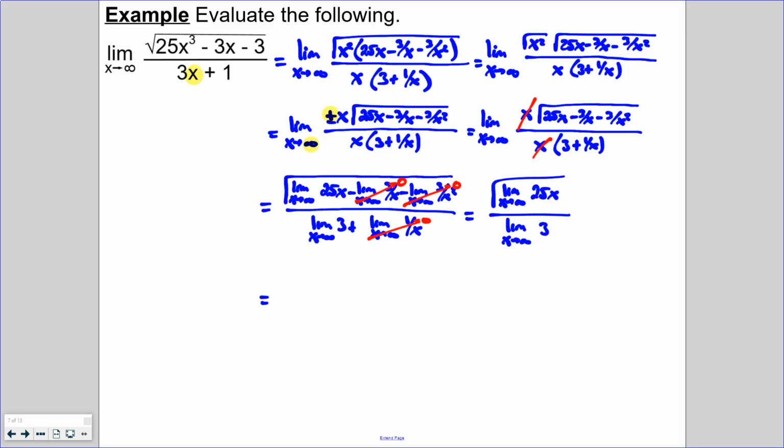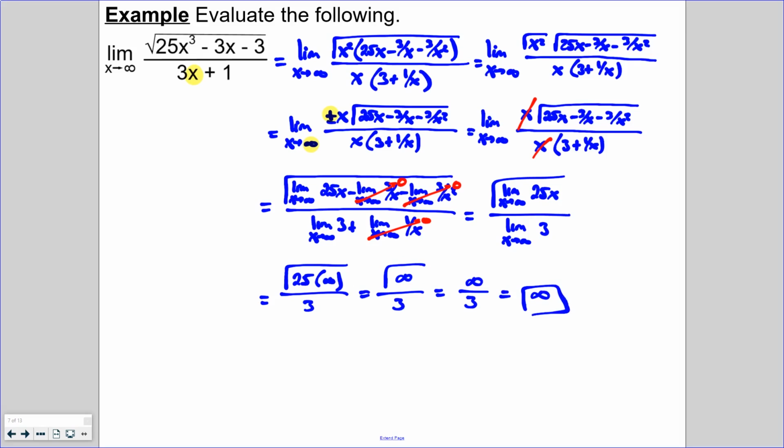And then on the inside of the radical, we can use direct substitution, so that's going to be 25 times infinity over, and remember the limit of a constant is a constant, so that'll be 3. Let's see, 25 times infinity is going to be infinity, and the square root of a super large number is also a super large number, giving us infinity over 3. And a super large number divided by a tiny number like 3 is still going to be infinity.